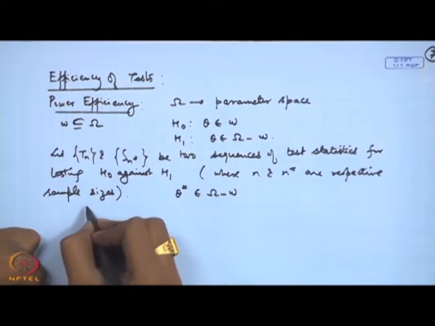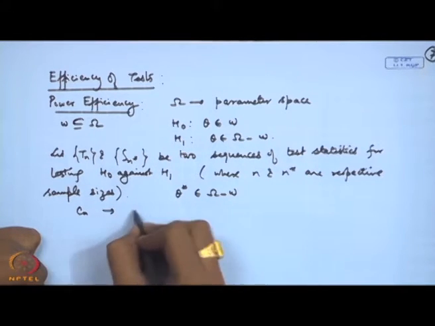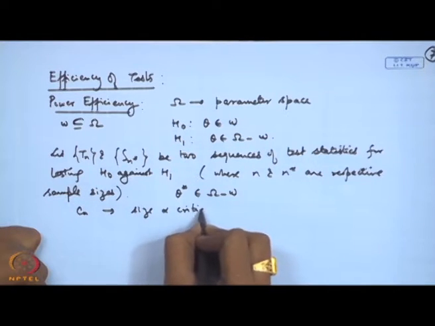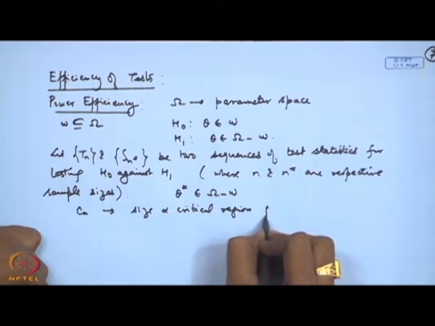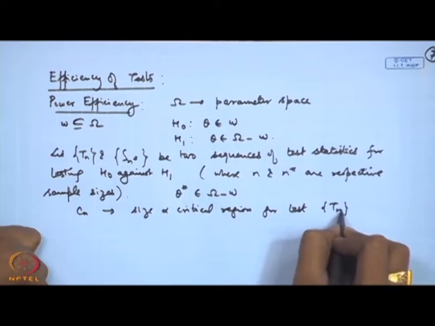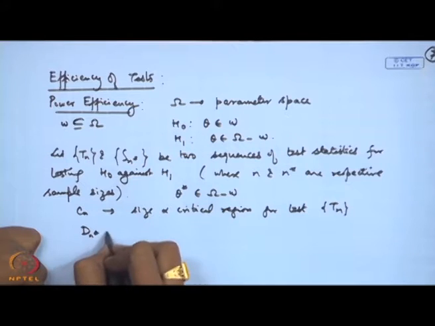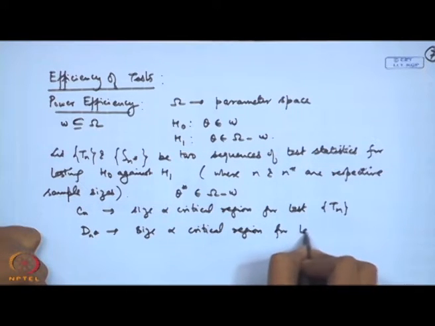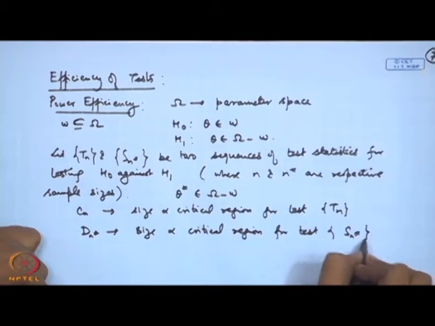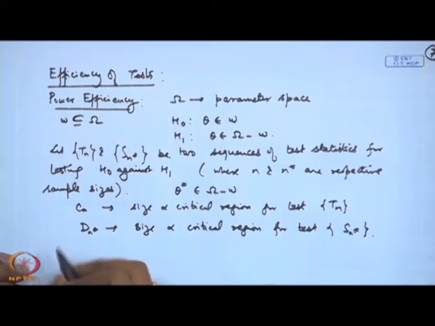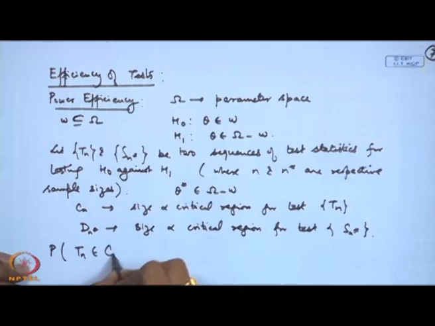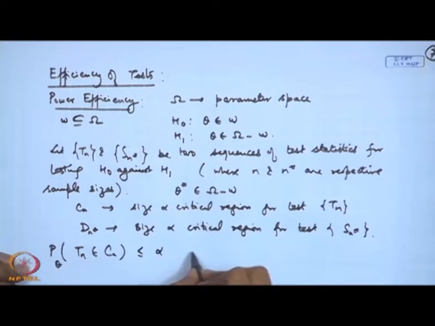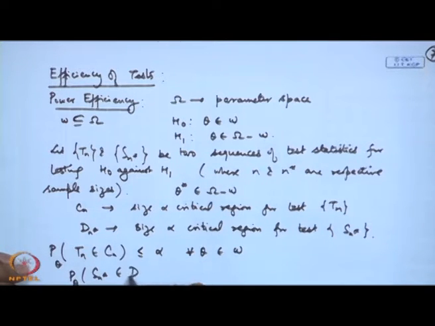Let C_n be the size alpha critical region for test T_n, and let D_n star be the size alpha critical region for test S_n star. Now the probability of T_n belonging to C_n is certainly less than or equal to alpha for all theta belonging to small omega, and the probability of S_n star belonging to D_n star is less than or equal to alpha for all theta belonging to small omega.